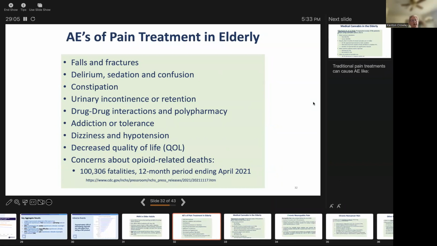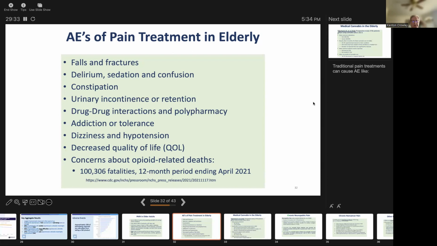The typical adverse events of the typical pain medications that we use can cause falls, sedation, confusion, constipation, incontinence, retention, and many drug-drug interactions. There's addiction or tolerance, and the list goes on.